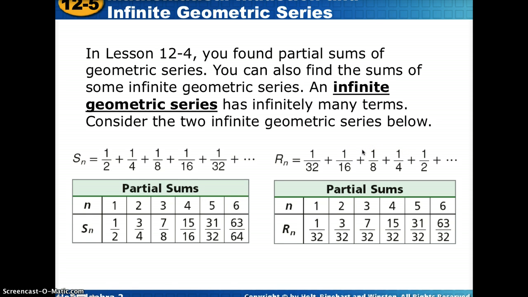Look what happens when I start to add these together. 1/32 plus 1/16, with a common denominator, is 3/32. 3/32 plus 1/8 is 7/32. 7/32 plus 1/4 is 15/32. 1/2 added in gives us 31/32, and then add in 1, and now we get a number that's getting larger and larger.